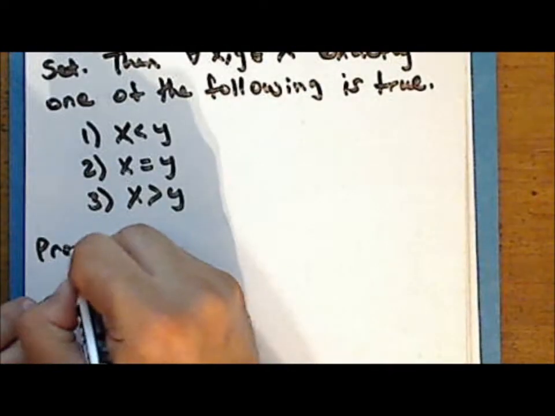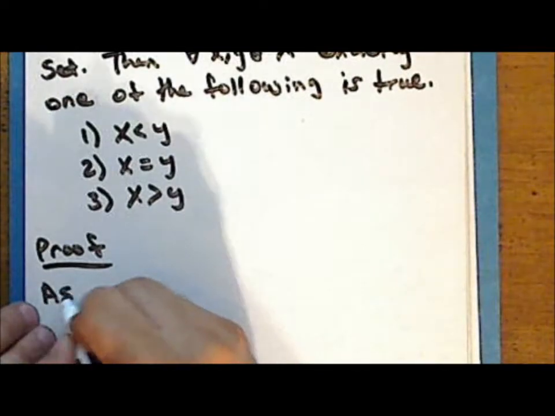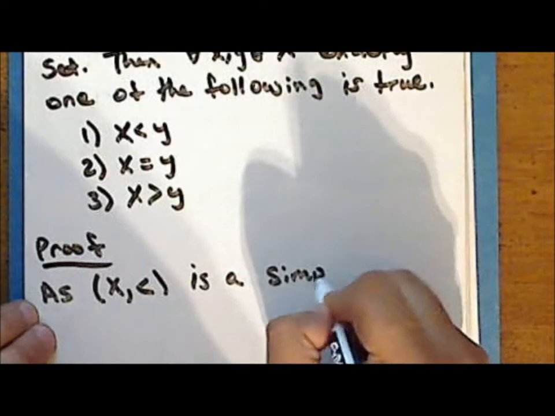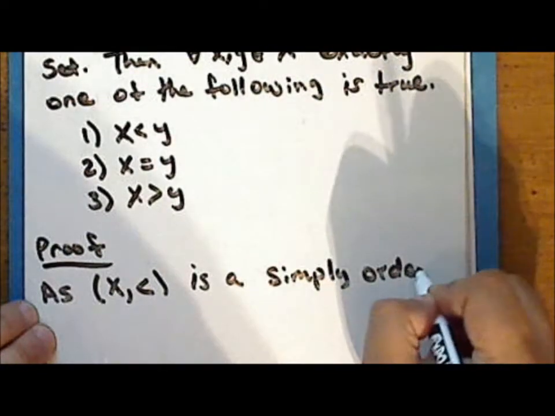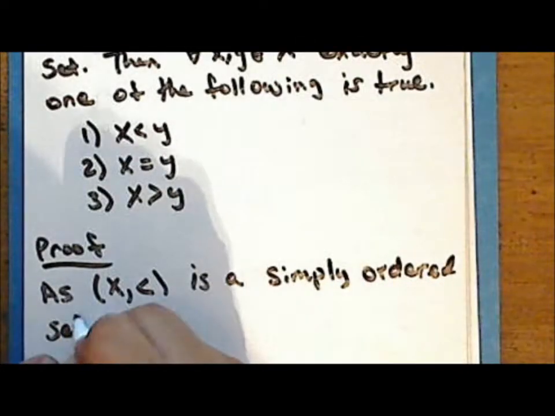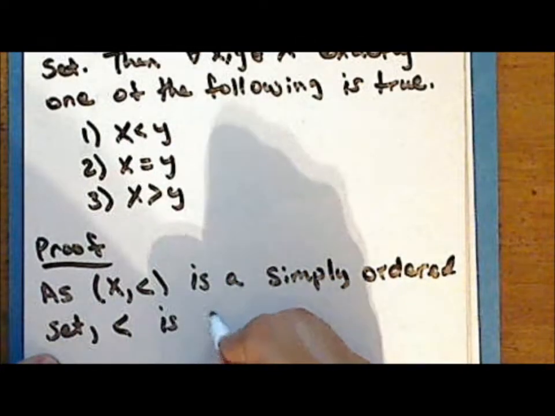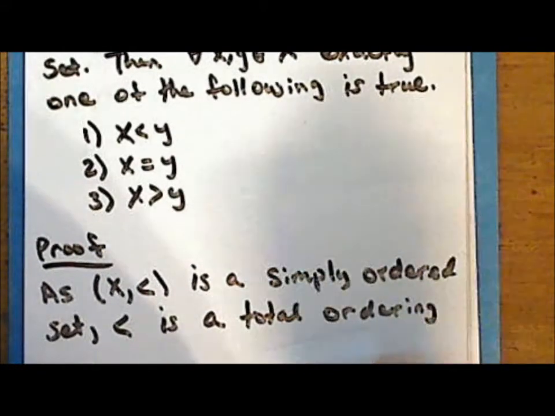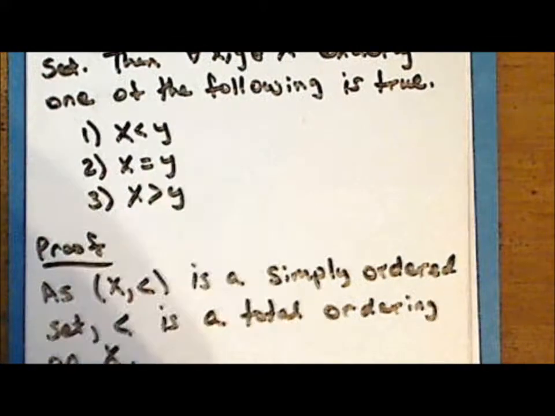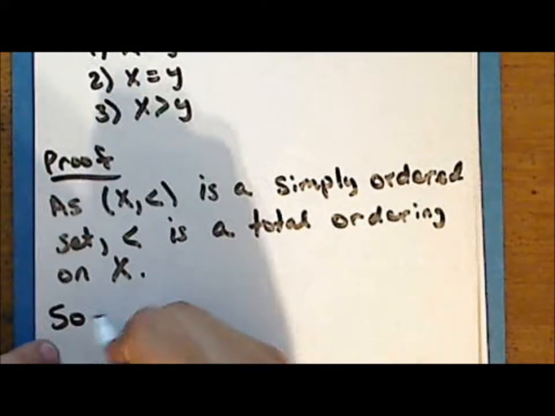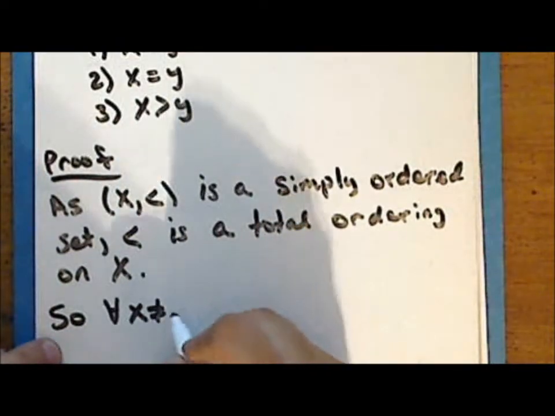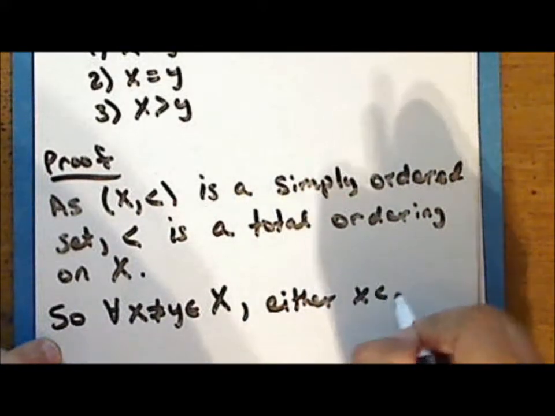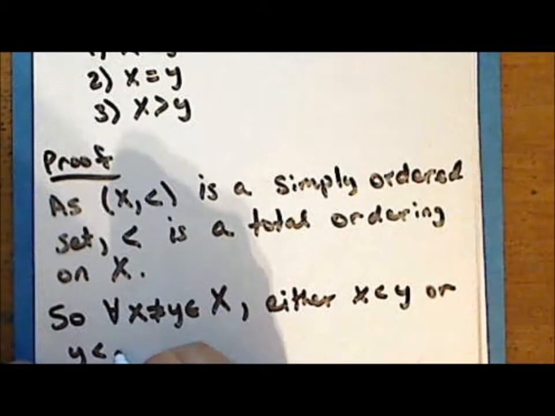So proof. As the set X together with the relation less than is a simply ordered set, the relation less than is a total ordering on the set X. And so for every pair of distinct elements x and y in the set X, either x is less than y or y is less than x.